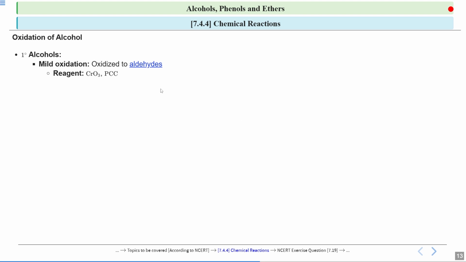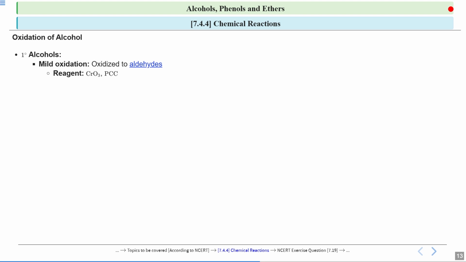The mild oxidizing reagents used are CrO3 and PCC. These two are the mild oxidizing agents used over here, and they oxidize your alcohols to aldehydes only, not directly to the carboxylic acid.